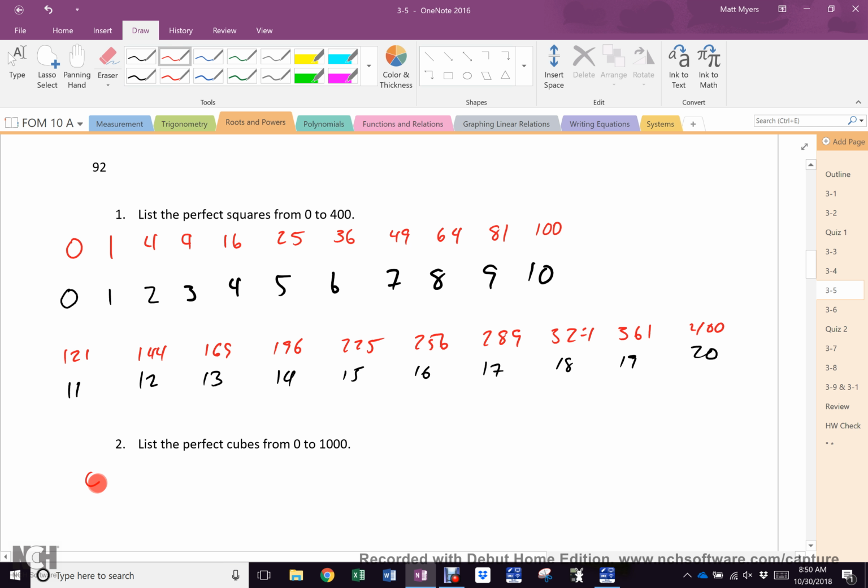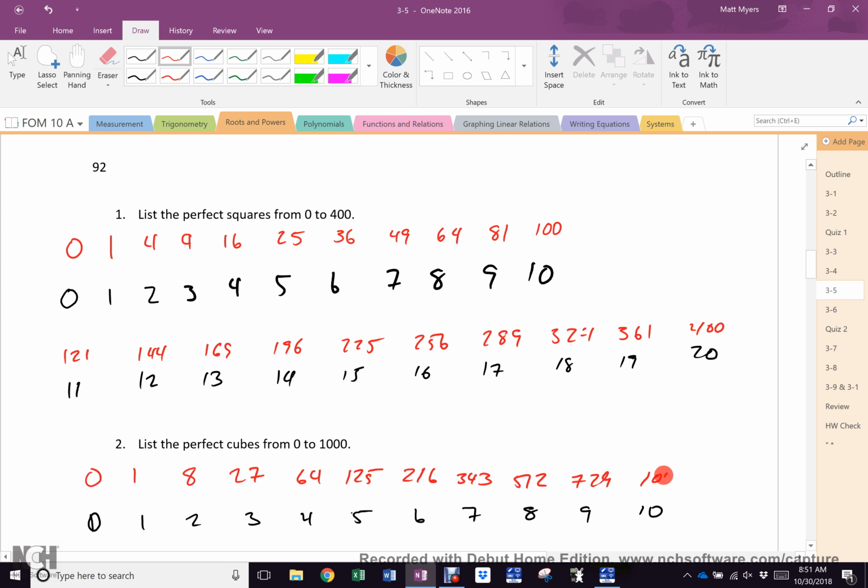Then the cubes, same thing. Now you're going to write all those down.